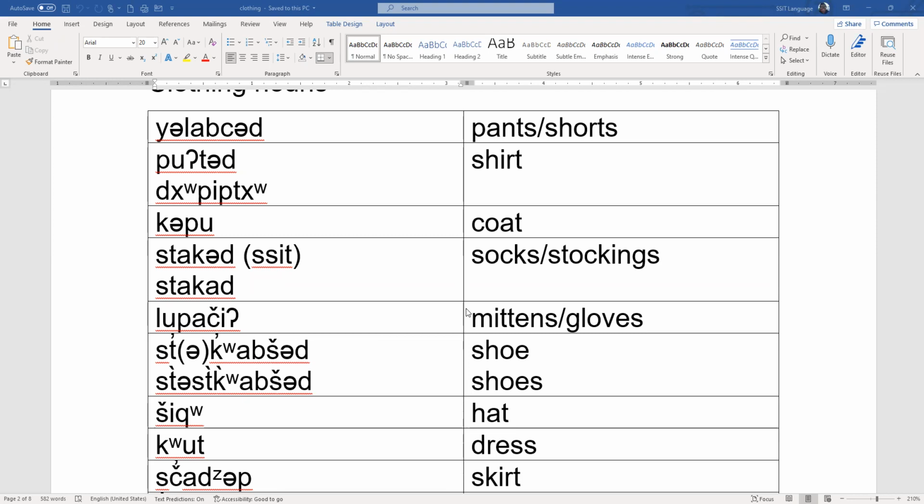Slugwish teed, lupachi. Language teed lupachi. Slugwish teed, stukwabshad.